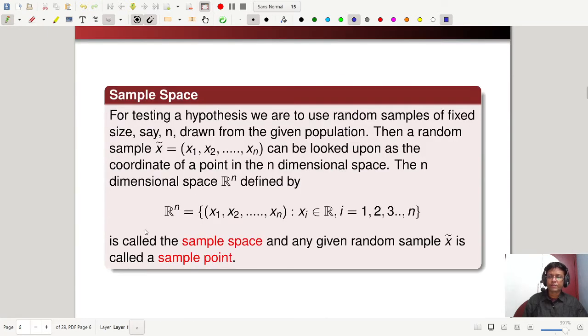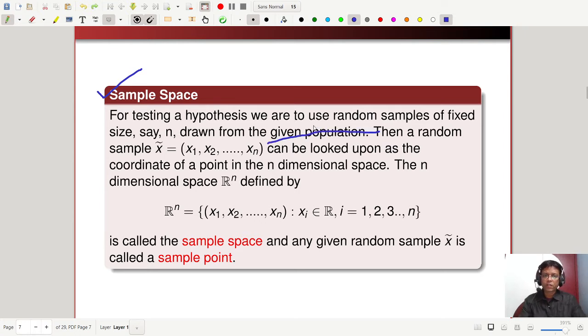Next, we'll define the sample space. For testing a hypothesis, we use random samples of fixed size, say n, drawn from the given population.